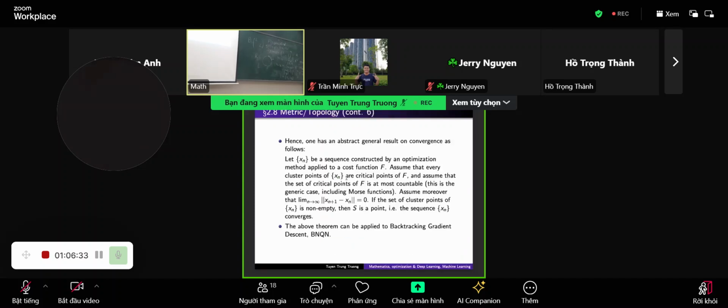Next I come to another way to prove convergence, which is the Kurdyka-Łojasiewicz condition, because here you don't need the function to be a Morse function, but you need something more like an analytic function. The good thing is that this set is very big, and most of the functions you see in practice, for example in deep learning, belong to this class.